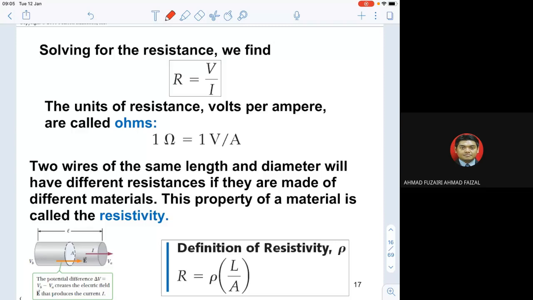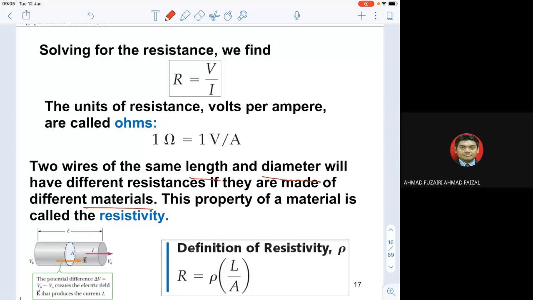First of all is the length, and then the diameter, and maybe because of the material itself. In that part we can say that the property of the resistance is called resistivity.